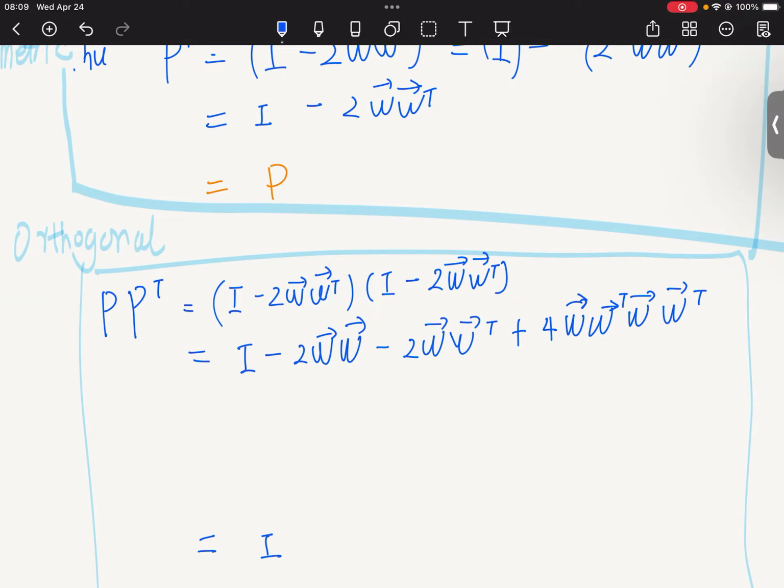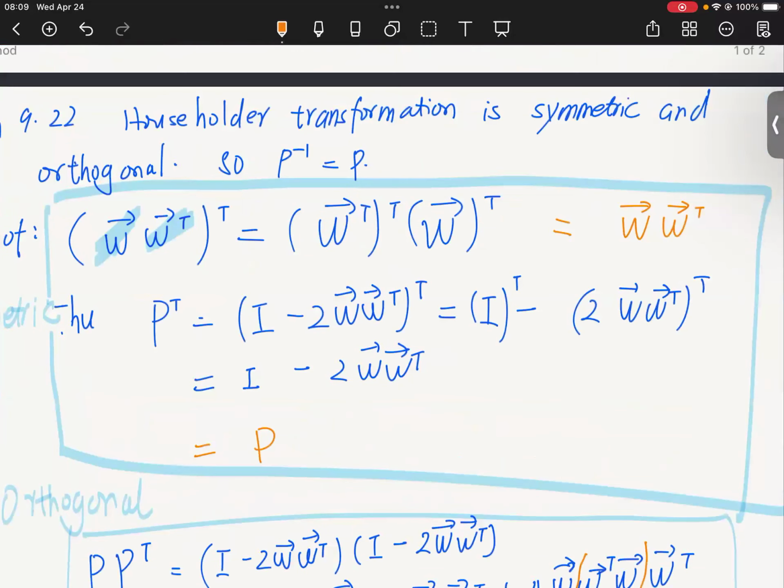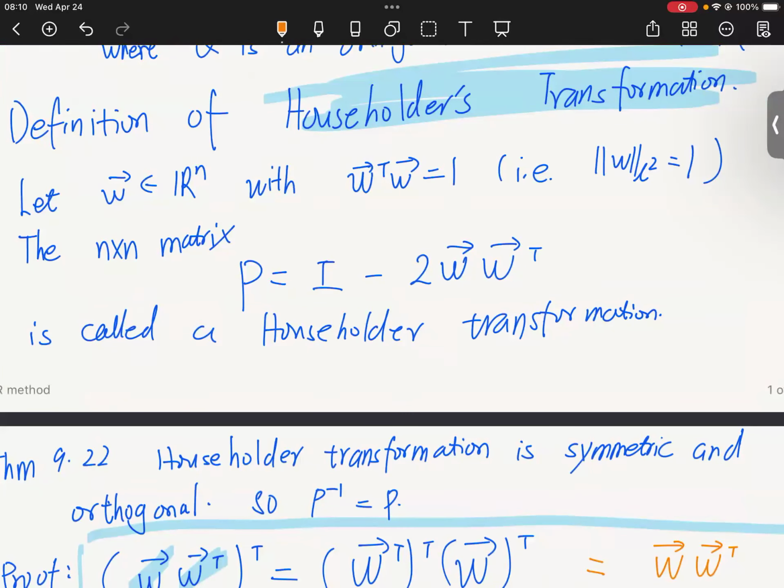I can put these two items together and do that multiplication first. What is this? W transpose times W. By definition, W is a unit vector, so W transpose times W is just 1. So I get the scalar 1 there.